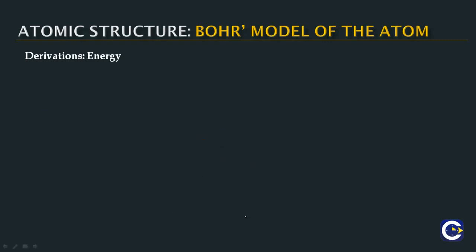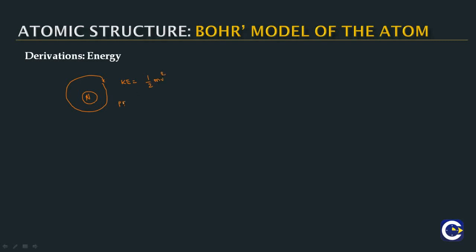Now talking about the energy of the electron in an orbit, since the electron is revolving around the nucleus, the electron will have kinetic energy. So kinetic energy will be equal to half mv square.